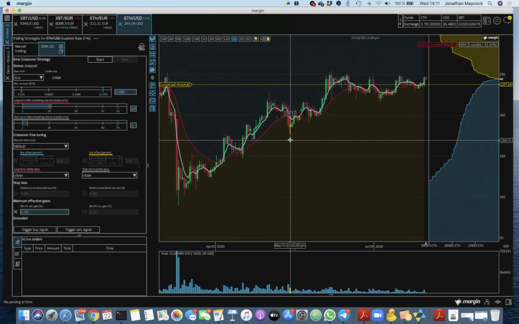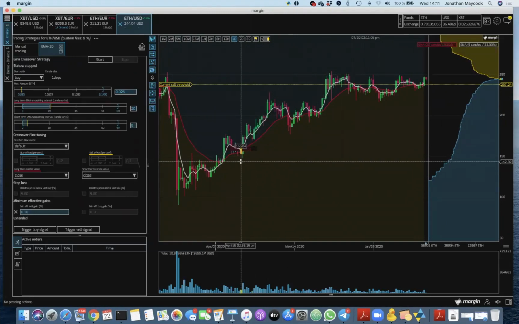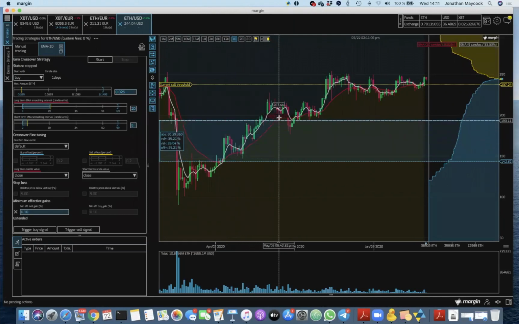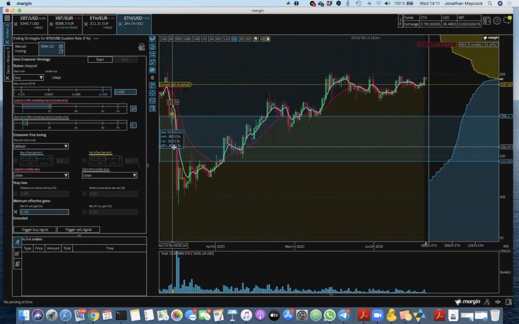And let's take a look with the margin ruler here. So if we were to get that particular trade, it would have been close to a 40% effective gain after fees. And that is one of the take-home messages I want to give in this. So the EMA bot is really a bot which performs best in trending markets.